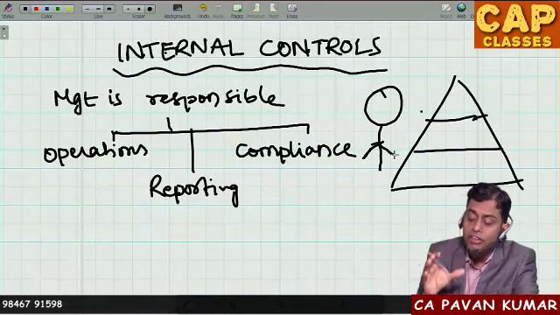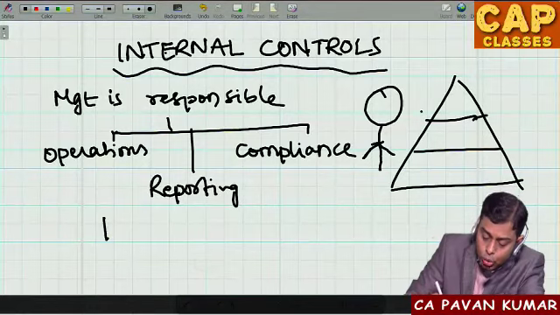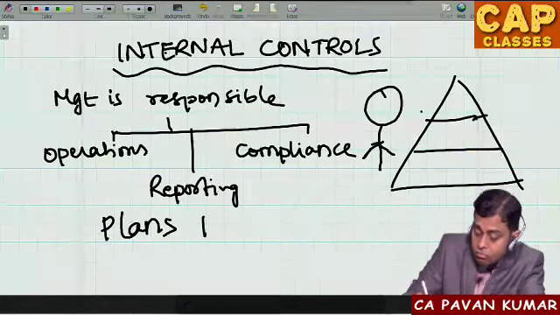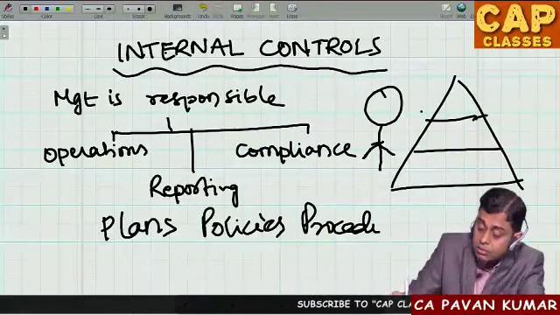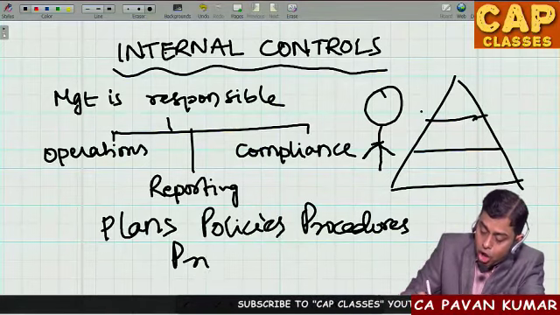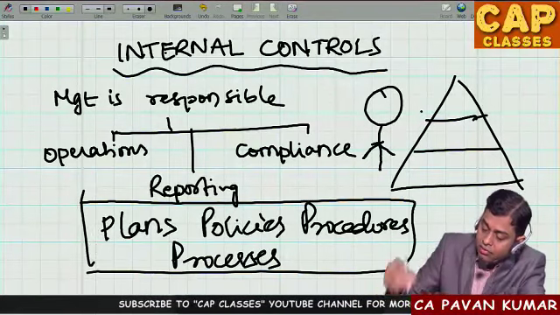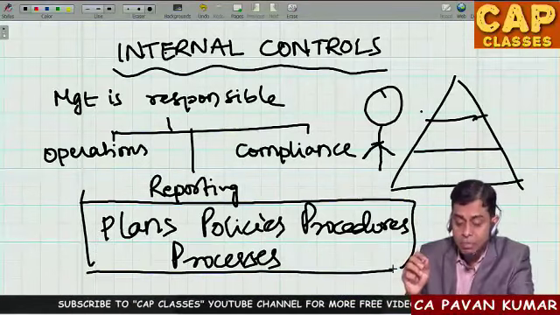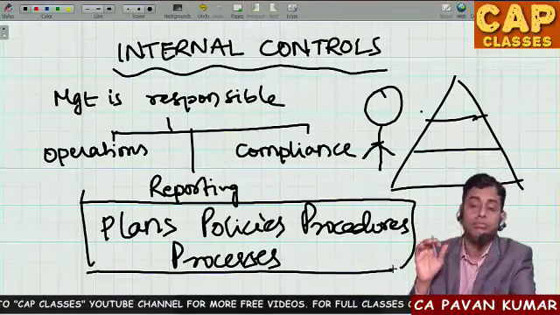To fulfill their responsibilities, there will be so many plans, policies, procedures, processes, programs, and various things. These plans, policies, and procedures are known as internal controls.